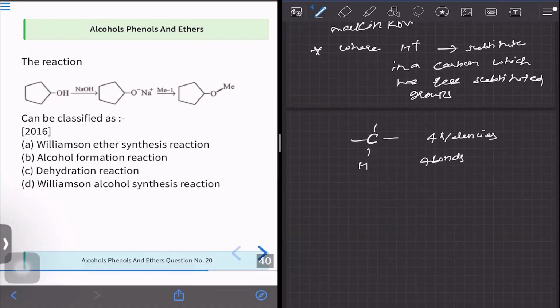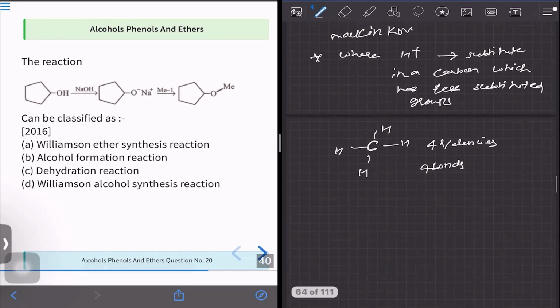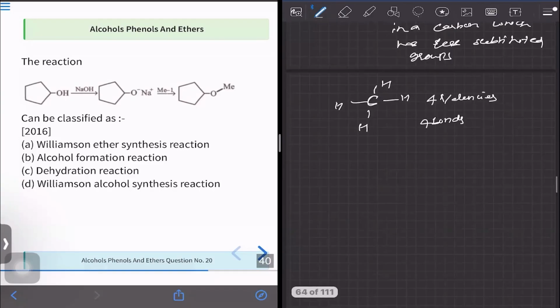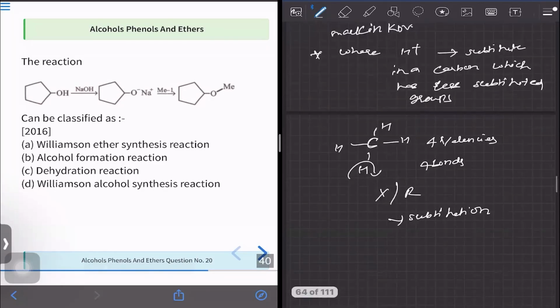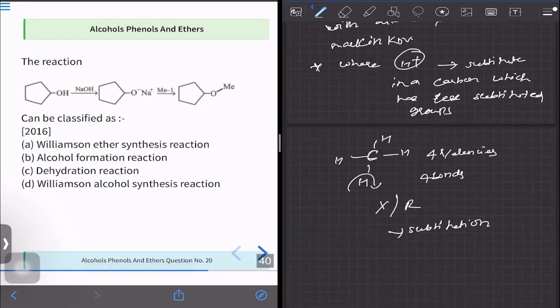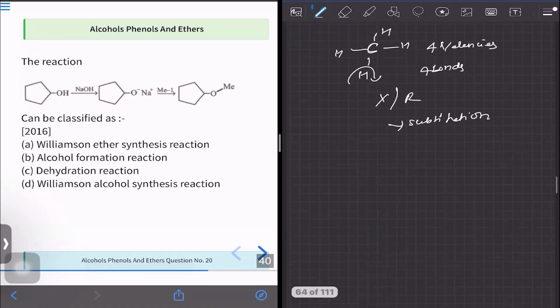The basic substituent is hydrogen. Whenever this hydrogen is replaced by any other group, X or any other group, it is known as substitution. So H plus attaches to the carbon with fewer substituted groups, meaning it has more hydrogens.